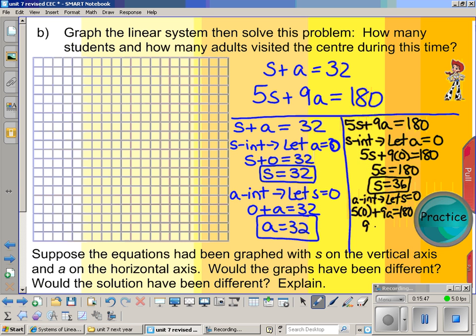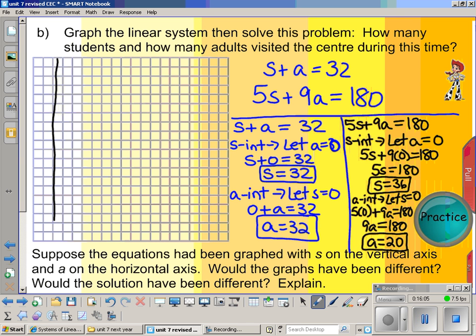Now in this case, it doesn't matter which axes you make the S and which you make the A. So we'll pick one. Now on the S's, we have an intercept of 32 and an intercept of 36. So we need to see what kind of scale we could use. Both of those are divisible by 4s, so maybe we could use 4s.